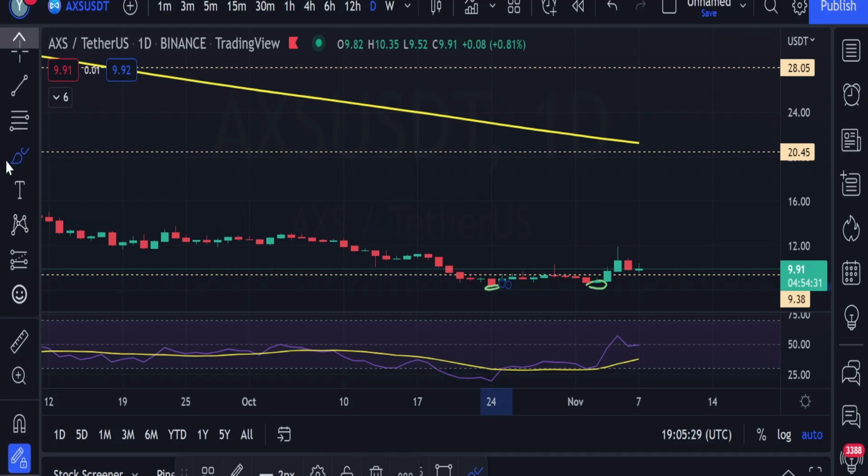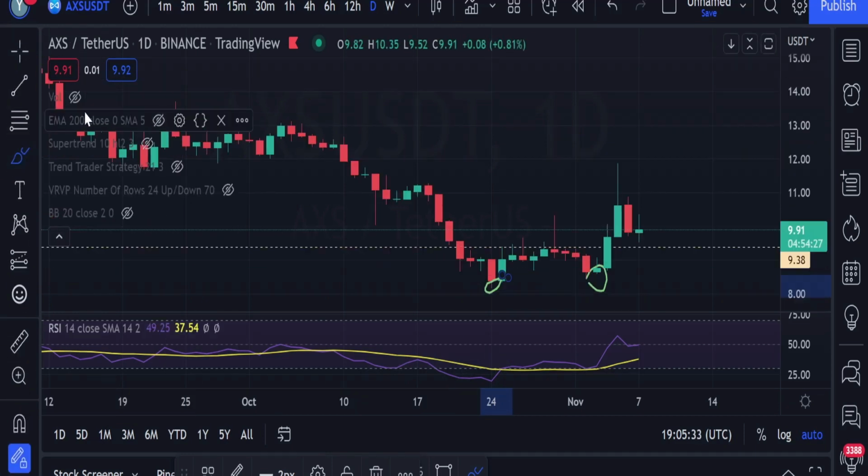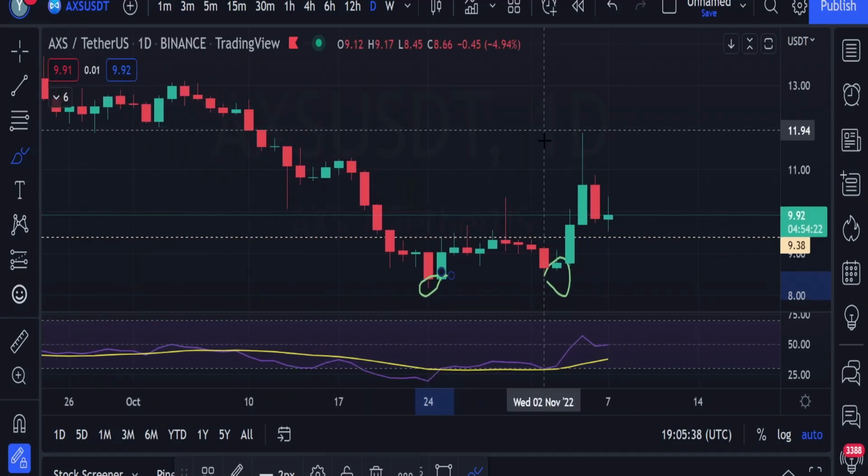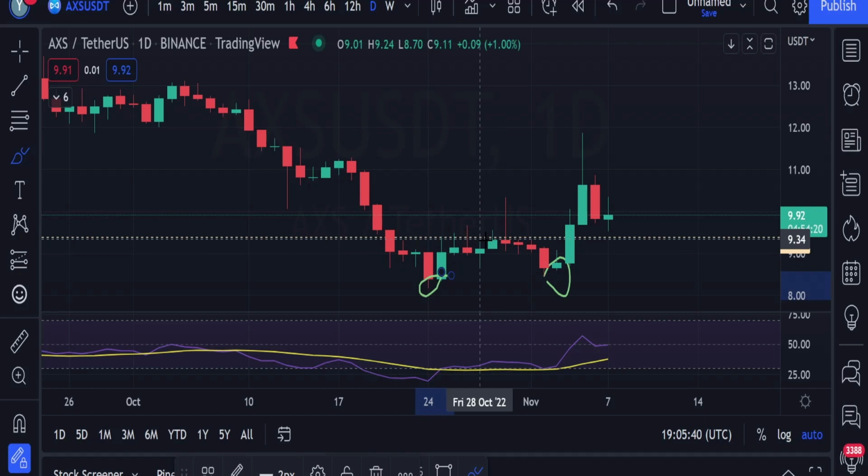That's the first higher low we formed. And also you can see the price rejected this same zone. You can see this long hammer candle, what would I call it, right? Spinning top. It rejected that same zone.